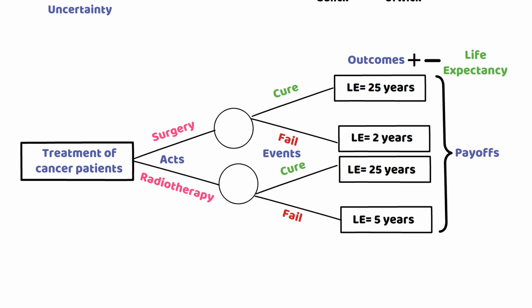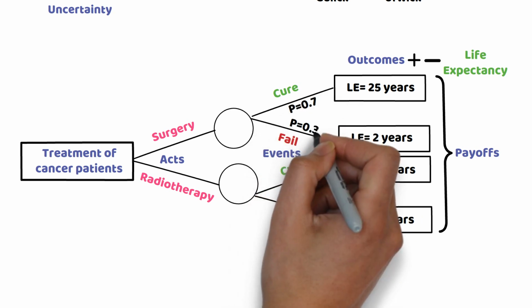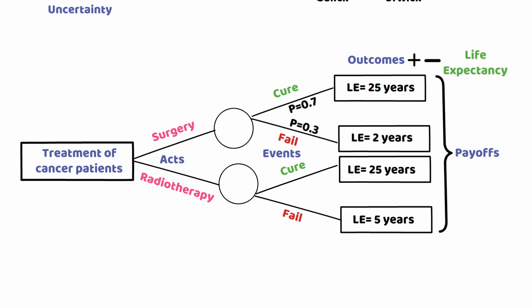If the patient is treated surgically, the probability of cure is 0.7 and the chance of failure is 0.3. If the patient is treated by radiotherapy, the probability of cure is 0.8 and the chance of failure is 0.2.